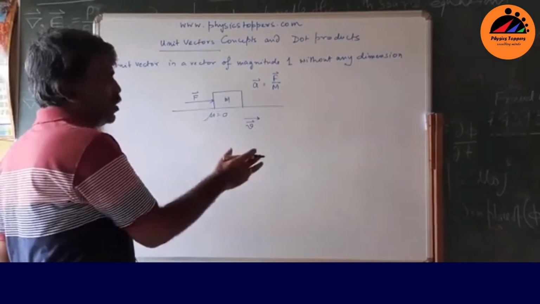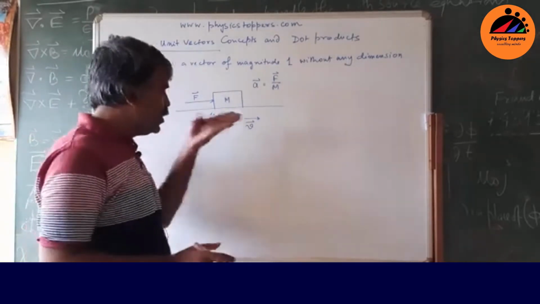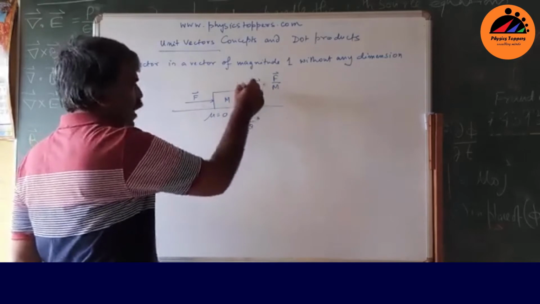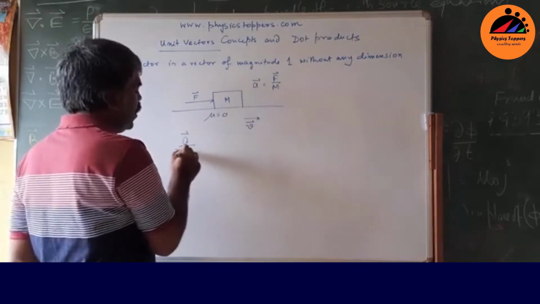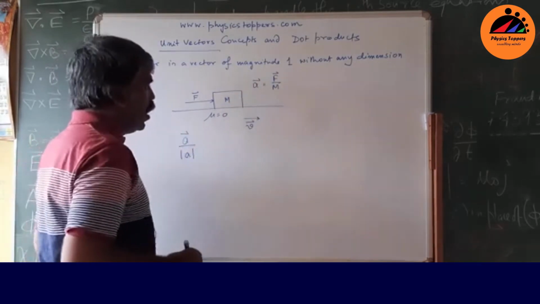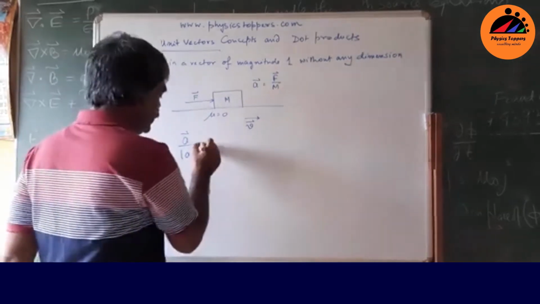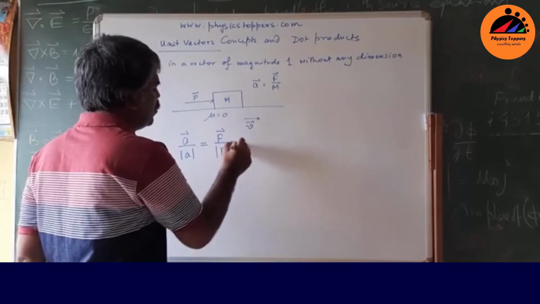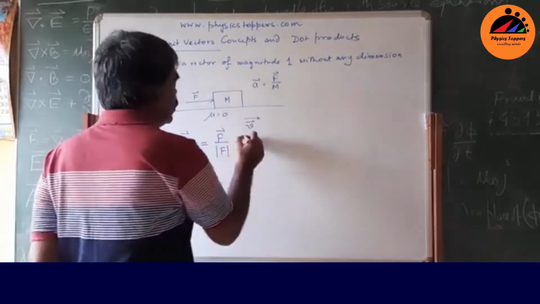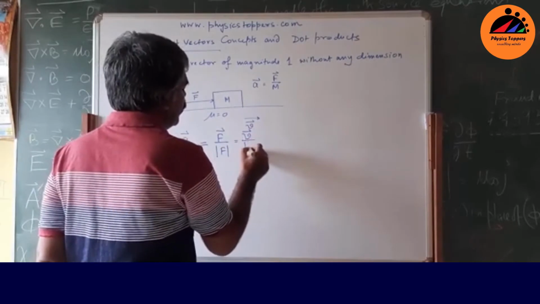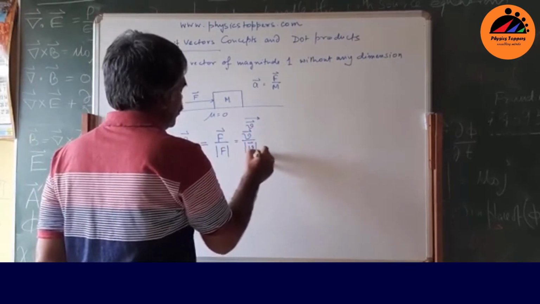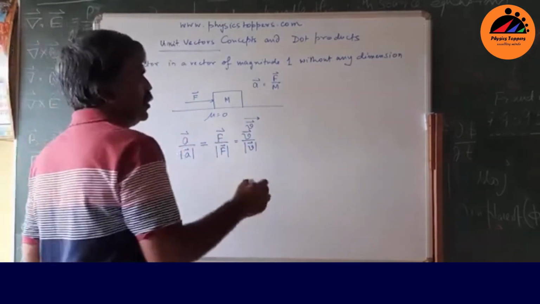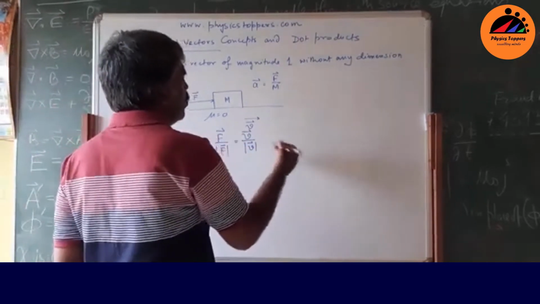If I want to find the unit vector along this direction, that will be any vector a divided by its magnitude. Interestingly, this is very similar to F by magnitude of F, and this is very similar to v divided by magnitude of v. The normal notation of a unit vector is given by hat.